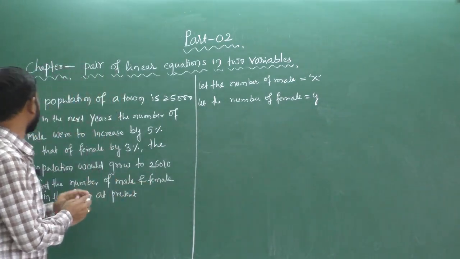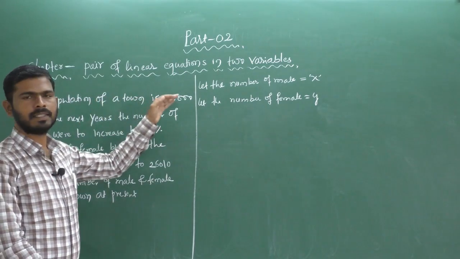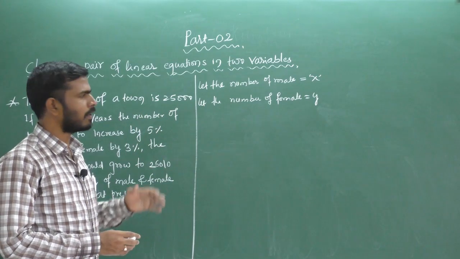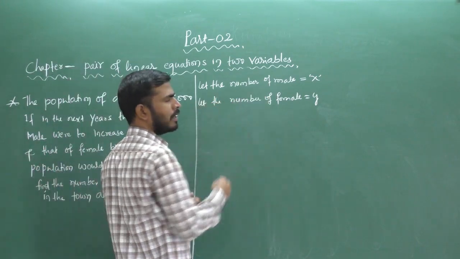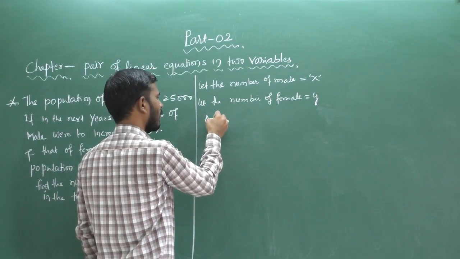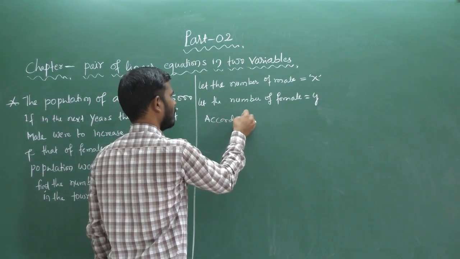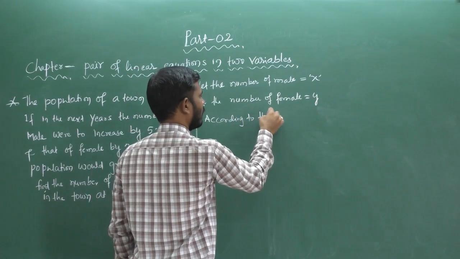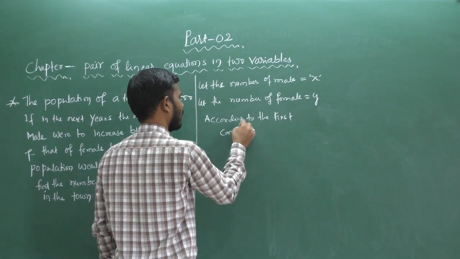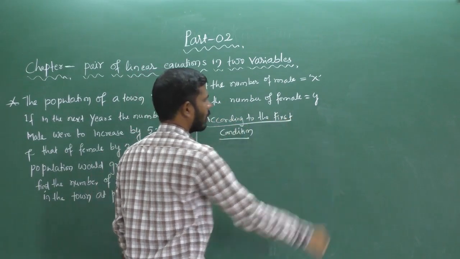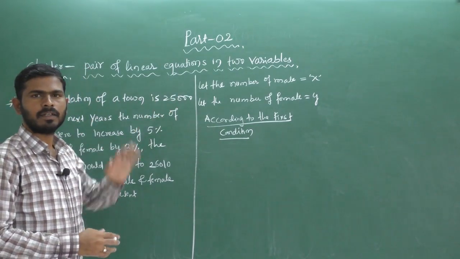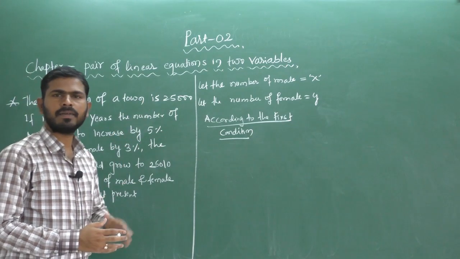The first condition is given here: the population of a town is 25,000. At present it is 25,000. That's why I write total number of males is x and number of females is y. According to the first condition, the population of the town is 25,000, which includes males and females both.